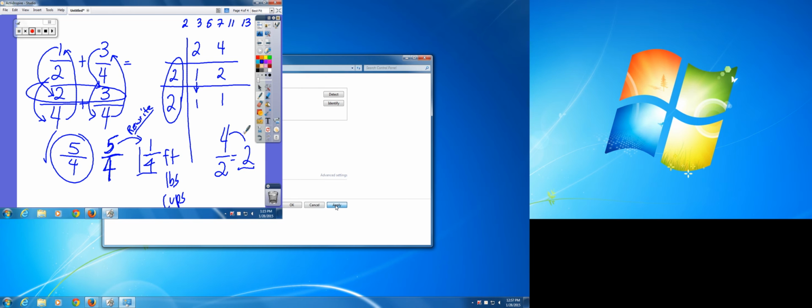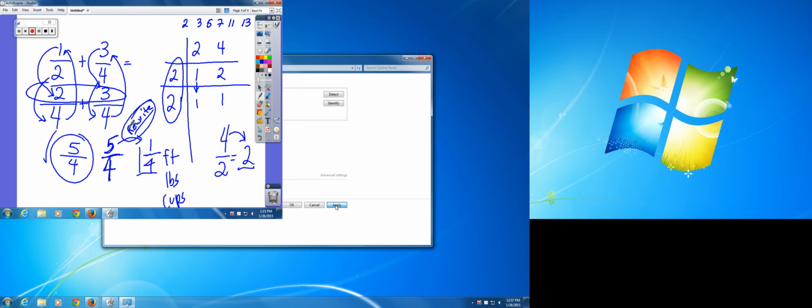This is reducing, from an improper fraction to a whole number. This is not that. This is going from an improper fraction to a mixed number. Therefore, it's not reducing. It's rewriting. So if you ever had a teacher tell you that you're reducing, that teacher was incorrect.